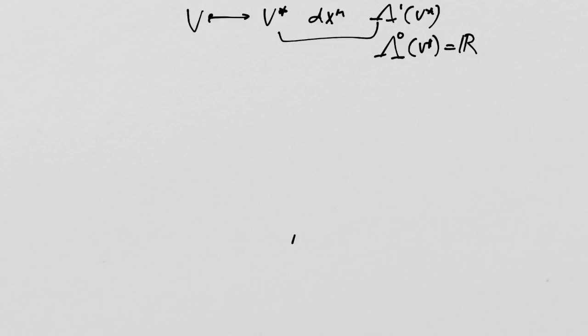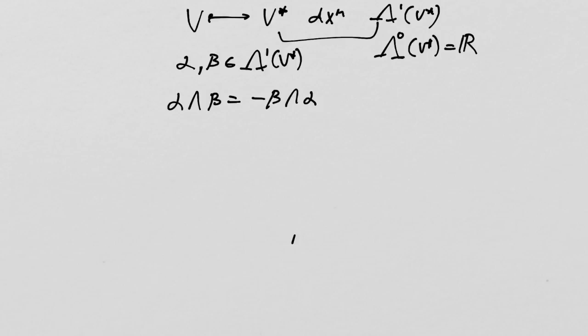And then we learned some basic rules, right? If we have alpha and beta that are elements of the first exterior power, we know that alpha wedge beta is minus beta wedge alpha, and we know that alpha wedge alpha equals 0. Now be careful with this.